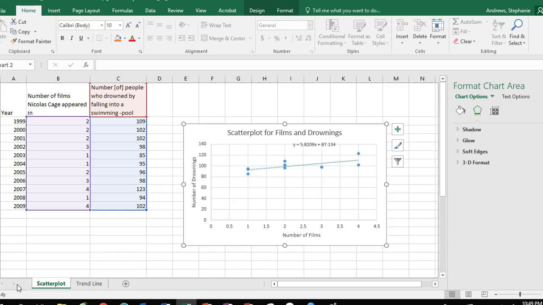So it does look like there is a correlation, but on question 5, is it reasonable to think that Nicolas Cage films cause the drownings? And the answer is definitely no.